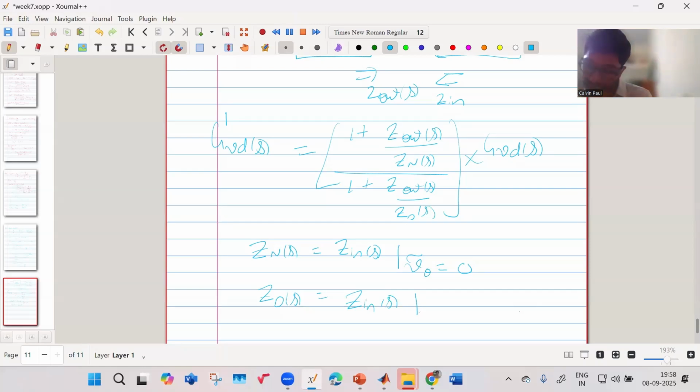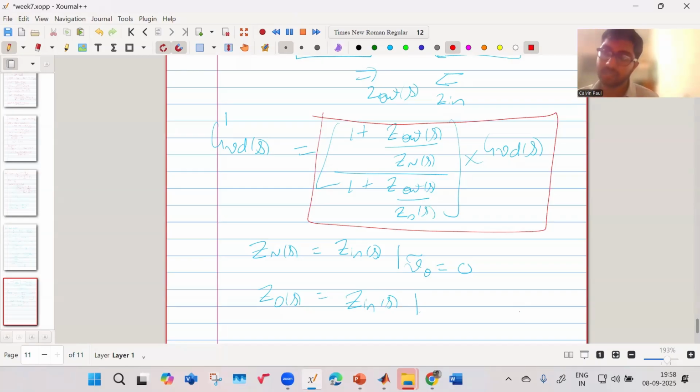That case I can't exactly remember. But what this theorem says is we have to also consider this overall expression, and check whether our stability gets affected.